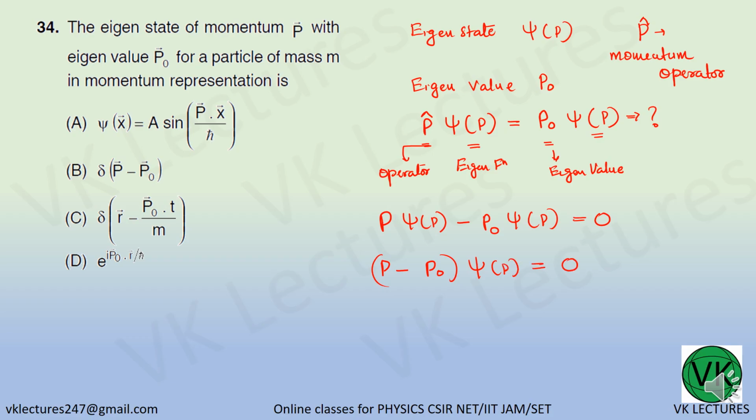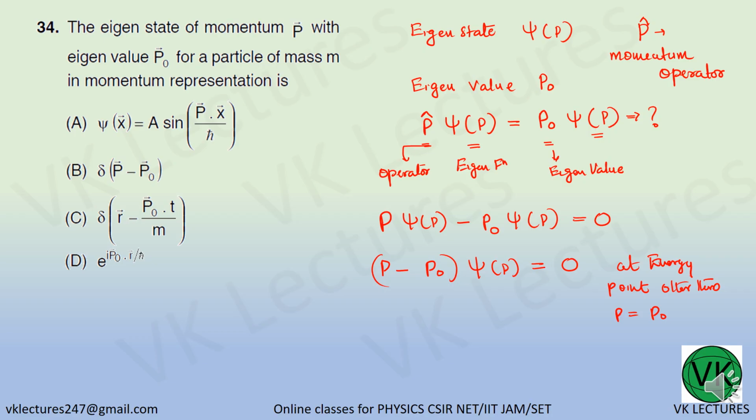Now this indicates that at every point other than p equal to p naught, it must hold. When p equal to p naught, it is 0, there is no issue. But if p is not equal to p naught, then psi of p must be equal to 0.